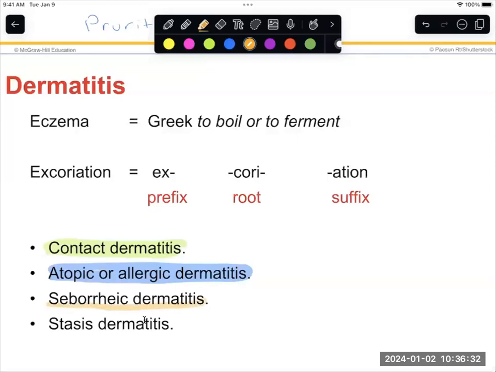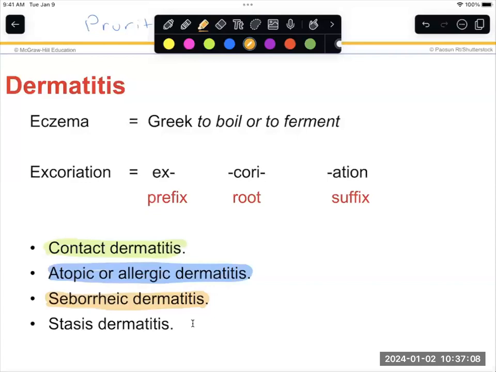Seborrheic dermatitis produces a red rash that has a yellow or oily kind of scale to it. It is common in people with very oily hair. You can also see it in newborns. A lot of times those sebaceous glands are not fully functional when a newborn is born, so they get this yellow crusty scale over their scalp.